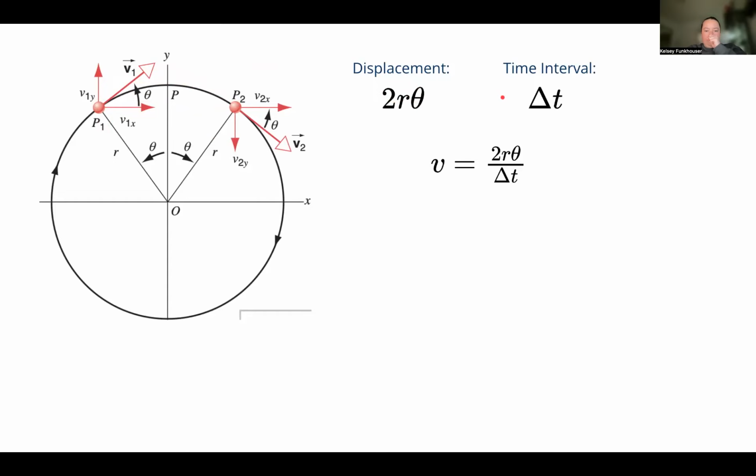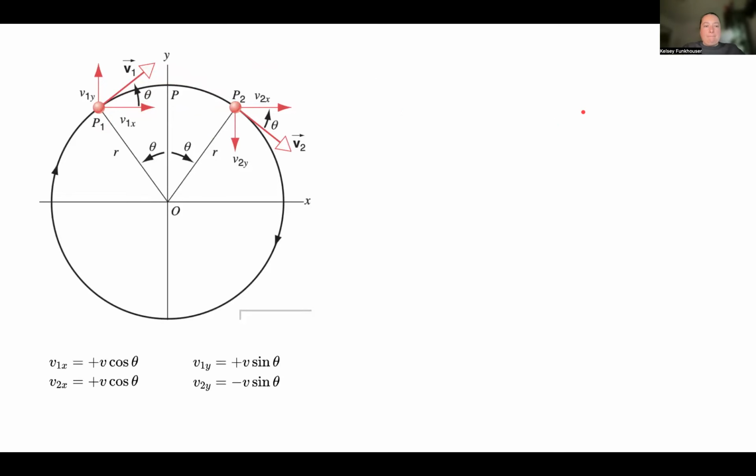It does that in a time interval, which we'll call delta t. From that, we can get an equation for the velocity going from 1 to 2, and that's 2r theta divided by the time interval.